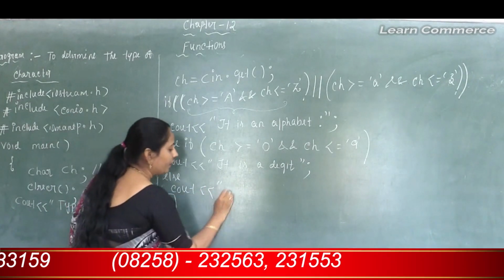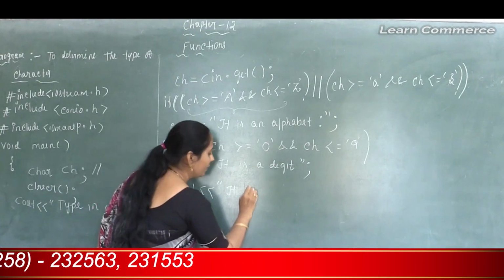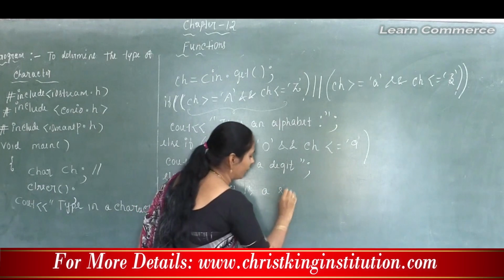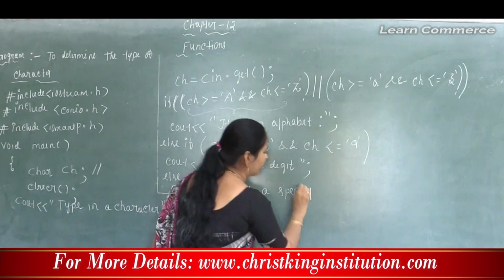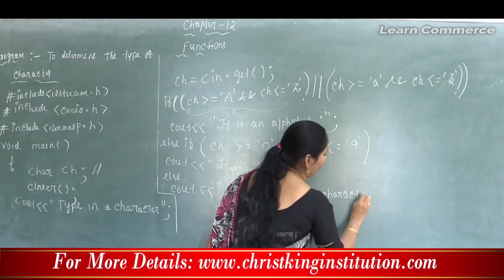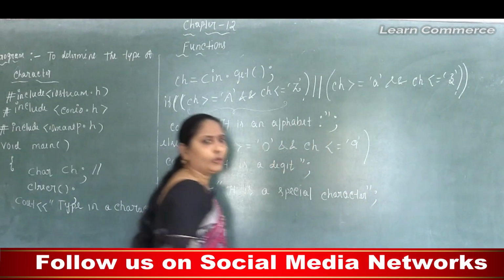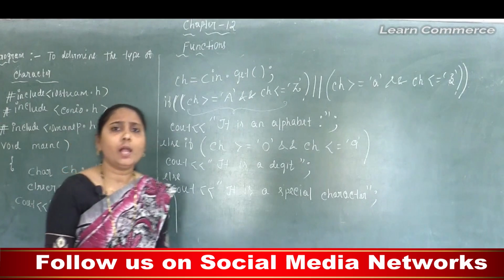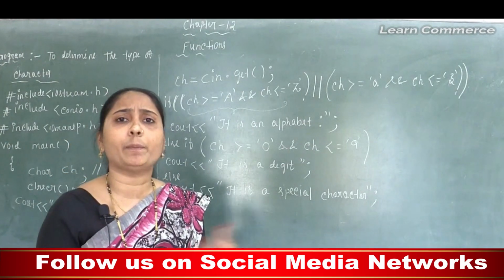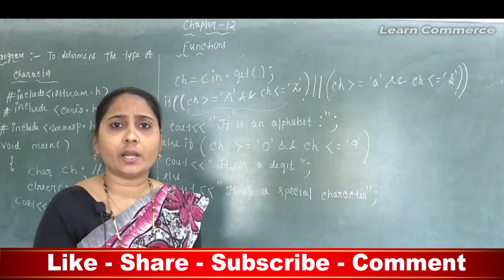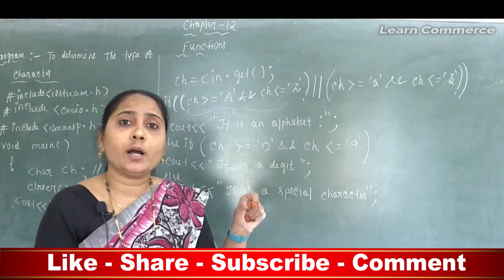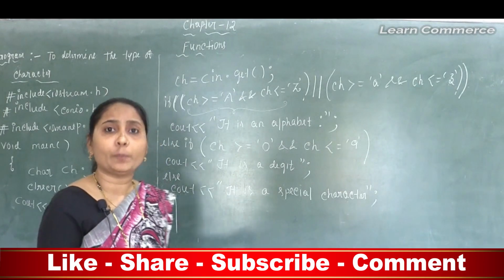Else, cout it is a special character. Okay, this type of message will display for a special character. Maybe that means you don't want to input any alphabet, you don't want to input any digit here, maybe you want to input any special character, maybe plus, minus, multiplication, question mark, less than, all types of symbols you want to input through the keyboard into the program here.